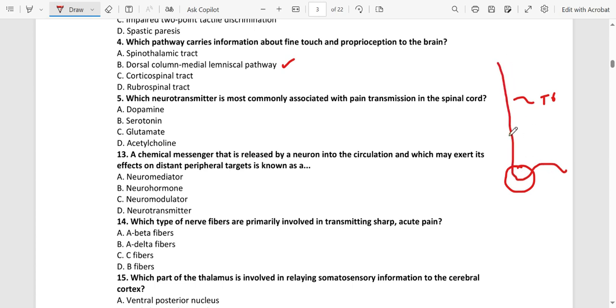So if you injure the spinal cord on the right side, the sensations will be lost on the other side, contralateral. And what sensations does this guy carry? The same touch, temperature. The crude touch, temperature, and also pressure will be lost the other side.